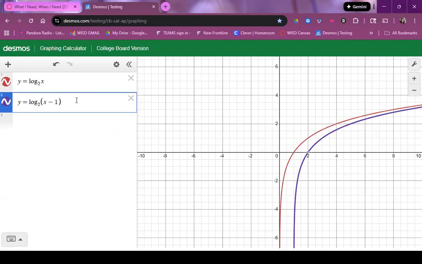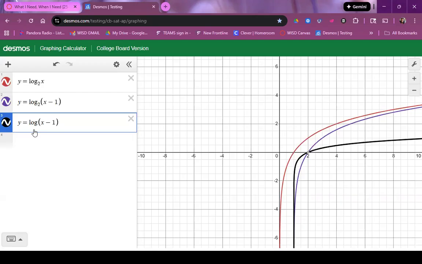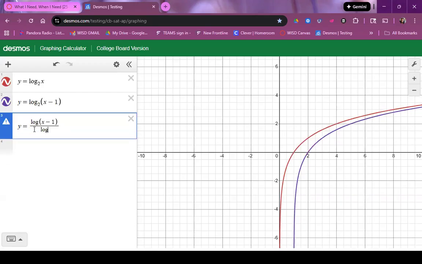And that's a translation, right? Now, we're going to write it as a change of base with common log. So we have y equals log of x minus 1 divided by log of 2. And what do you notice happen? It's the same. It's wizardry.